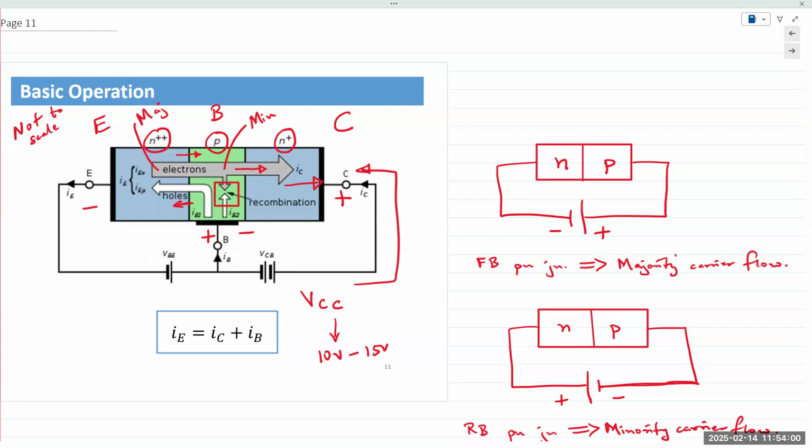This would be VBB here. Okay. And then VBB would result in a forward bias junction. So what is the value of VBE? Forward bias PN junction. What's the voltage?